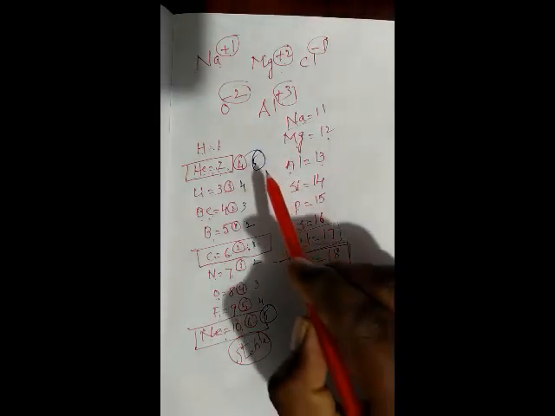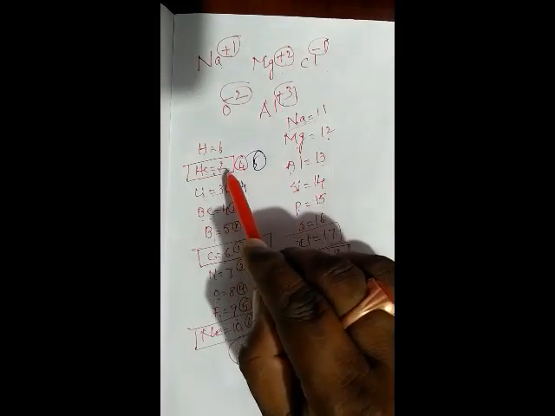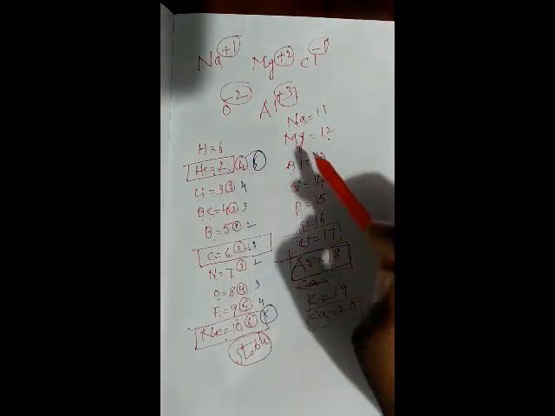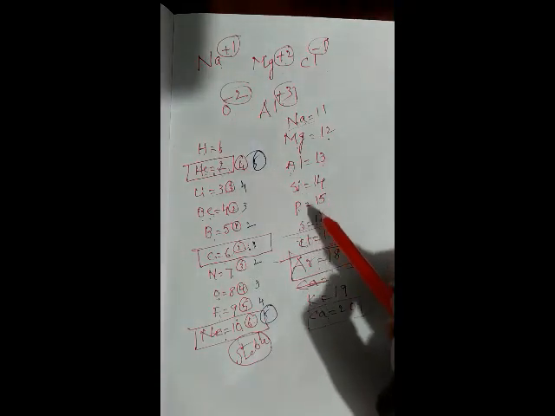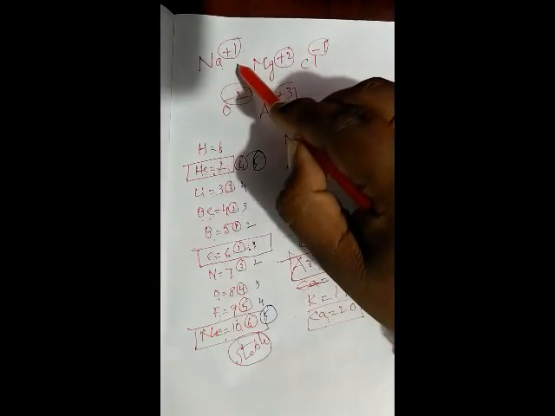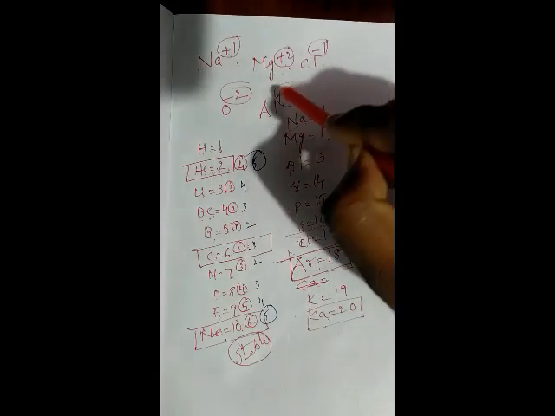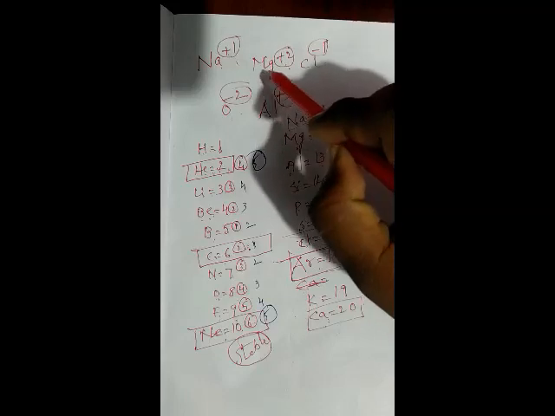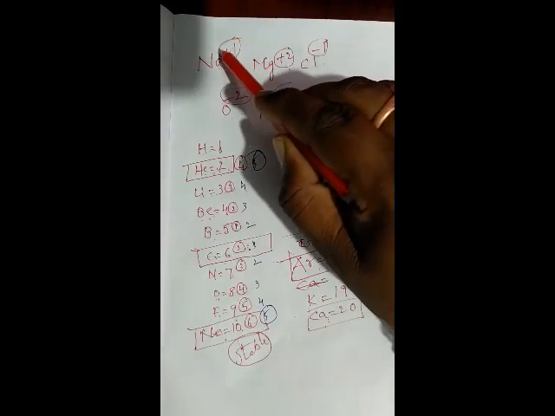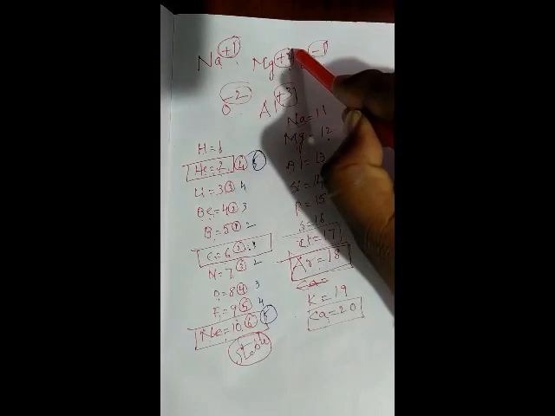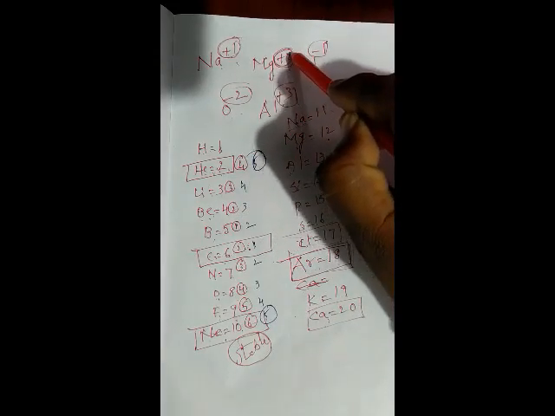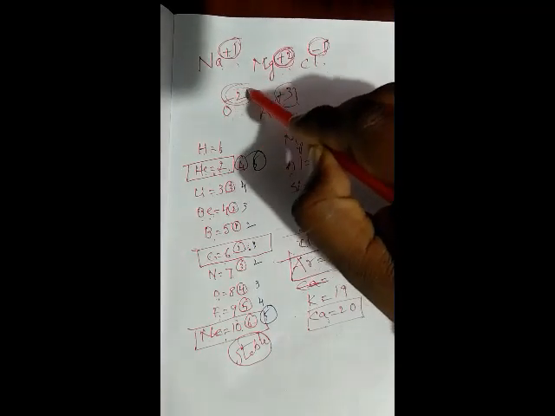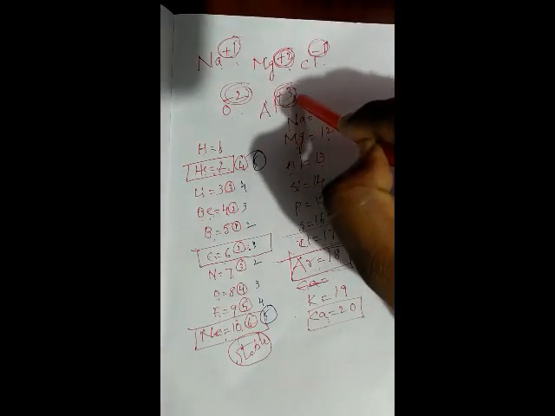So see here, hydrogen atomic number 1, helium. Before going to this topic, see here, every time in the 8th class you are writing Na plus 1, Mg plus 2, Cl minus 1, O minus 2 and Al plus 3, and you are getting that doubt: how is sodium getting plus 1, how is magnesium getting the charge value plus 2, how is chlorine getting minus 1, how is oxygen getting minus 2, and how is aluminum getting plus 3.